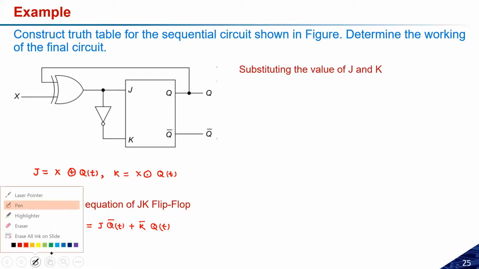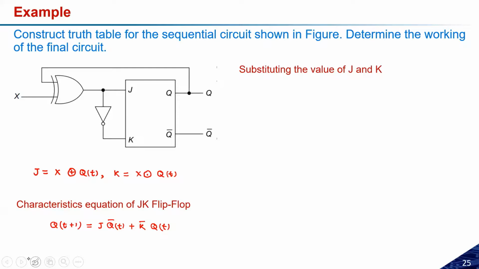So after substituting, Qt+1 is equal to J, which is X XOR Qt, multiplied by Qt complement, plus K bar.